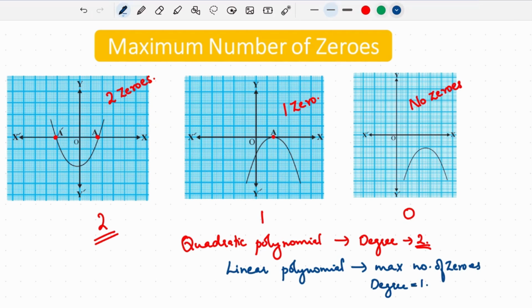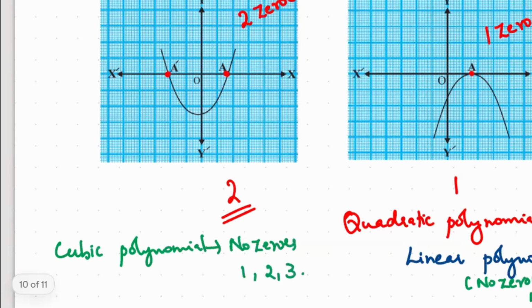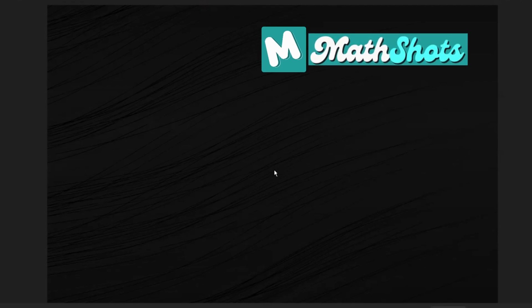So, a linear polynomial can have no zeros or 1 zero. In terms of cubic, there can be no zeros, 1 zero, 2 zeros or 3 zeros, not more than 3. So the maximum number of zeros is equal to 3 for a cubic polynomial because it is related to the degree of the polynomial. I hope the concept is clear till here.